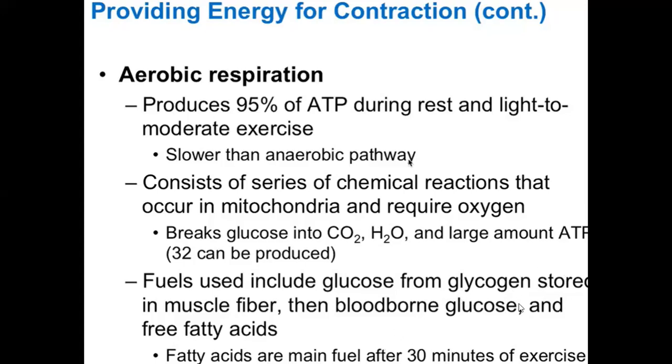The problem is once you deplete these glycogen stores, where are you going to get the source of energy? This is when you start utilizing the fatty acids, and then the proteins. Before you go to proteins, you have to exhaust the free fatty acids that are available. And that's why individuals always have to have ATP.